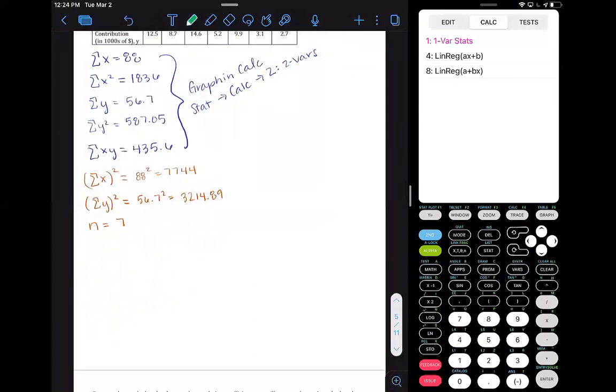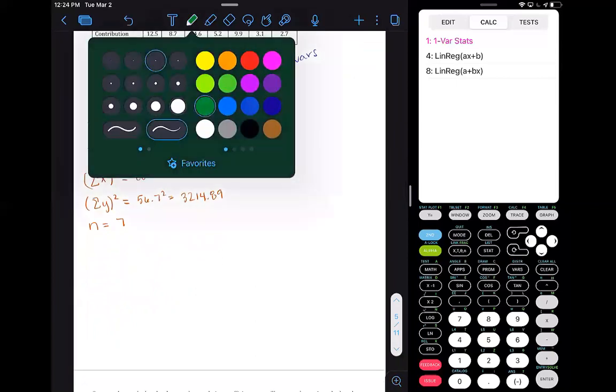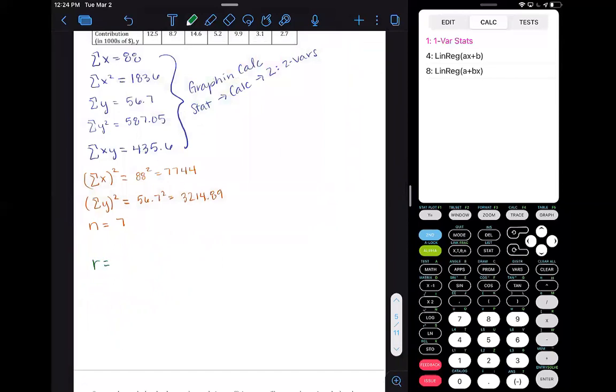So we have r equals. I'm going to rewrite our formula.